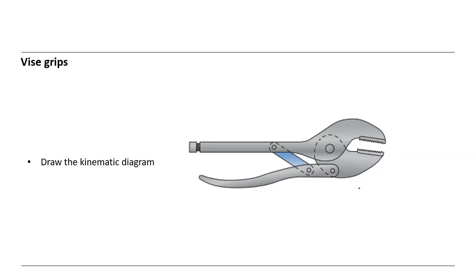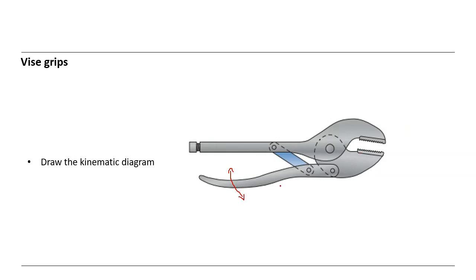So actually, this member is mostly fixed. During the operation, when we use this vice grip, this part will be fixed or doesn't move. We actually move this part up and down, and we do what we want.